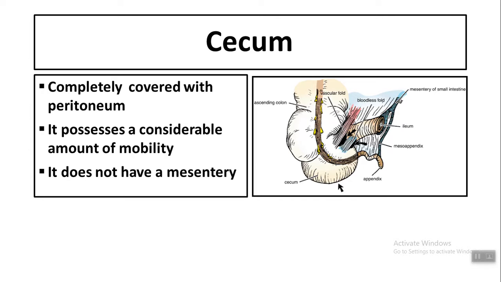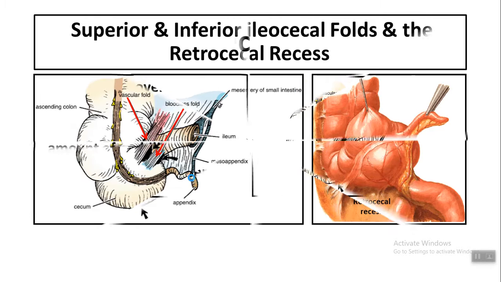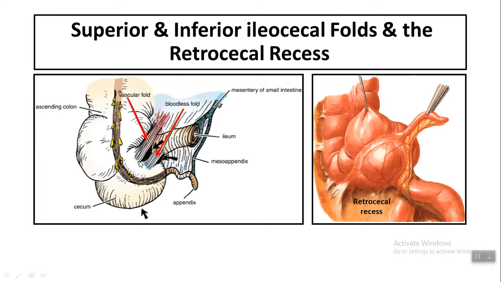but it doesn't have a mesentery. Although it is completely covered with peritoneum and possesses a considerable amount of mobility, it has no mesentery. The peritoneal cover will form folds and recesses around the cecum.